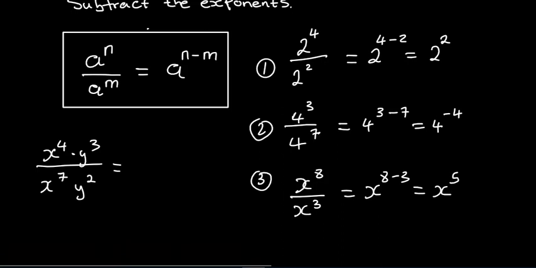It's going to be equal to base x times base y. All right, and then with x, you're going to subtract its exponent, 4 minus 7. And then with y, you're going to subtract its exponent, 3 minus 2, which will give rise to x to the exponent of minus 3 and y to the exponent of 1. And since it's the exponent of 1, I will not write anything there.